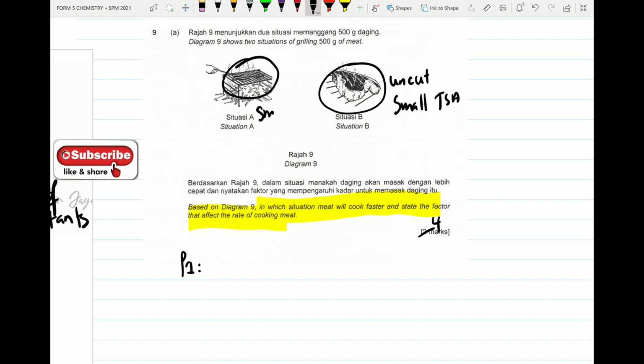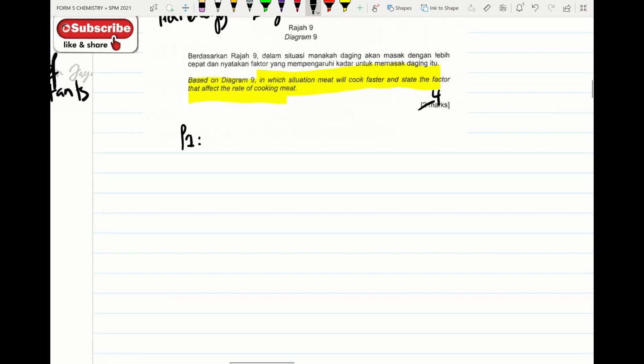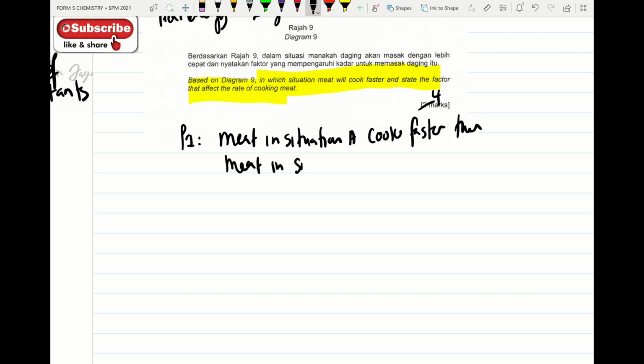This one is smaller in size, so it has larger TSA, exposed to what? Exposed to heat energy. Therefore, meat in situation A cooks faster than meat in situation B. So we put here: meat in situation A cooks faster than meat in situation B. That is 1 mark.